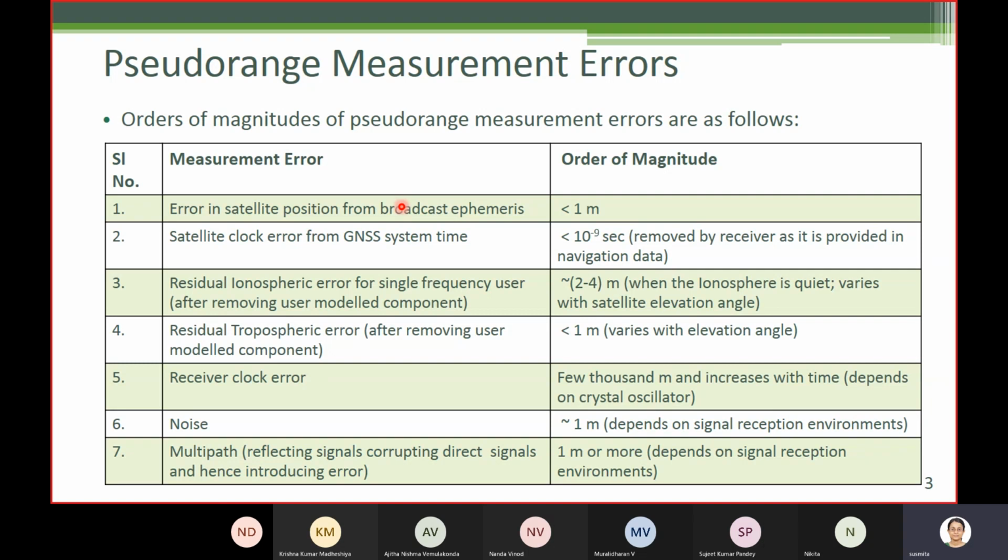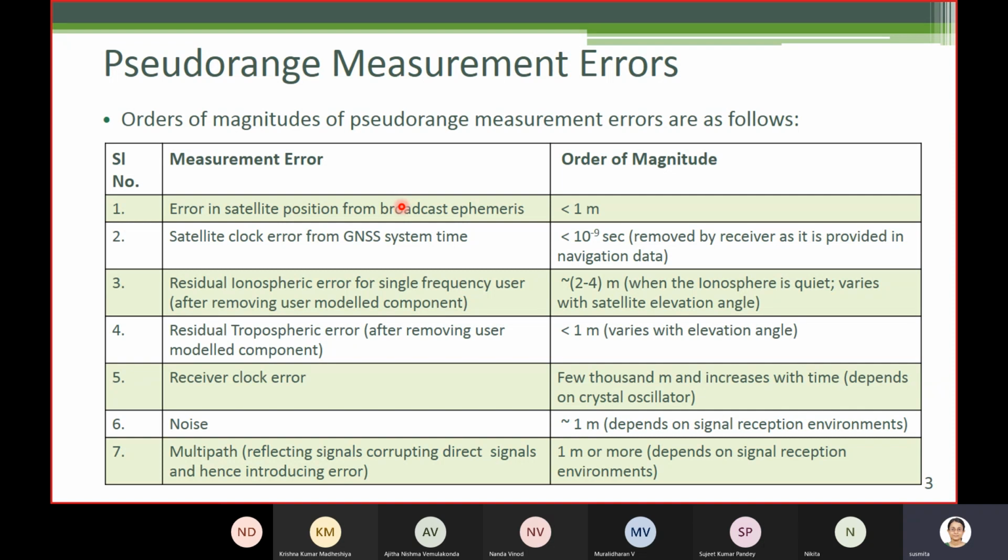We know that the satellite position can be obtained from the navigation data. The ephemeris, satellite orbital elements, are broadcast in the navigation data. When the receiver demodulates and decodes the navigation data, it can receive the ephemeris. But the broadcast ephemeris is not as accurate as precise ephemeris.